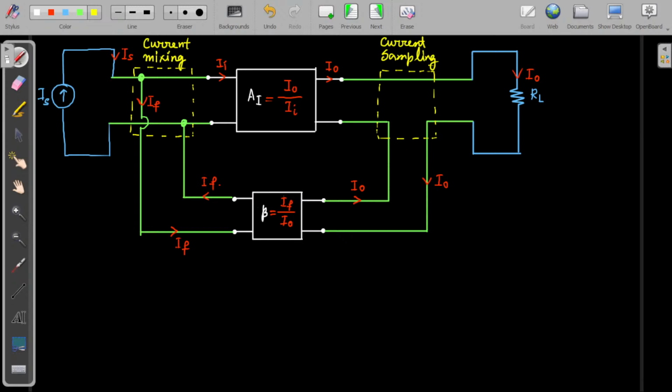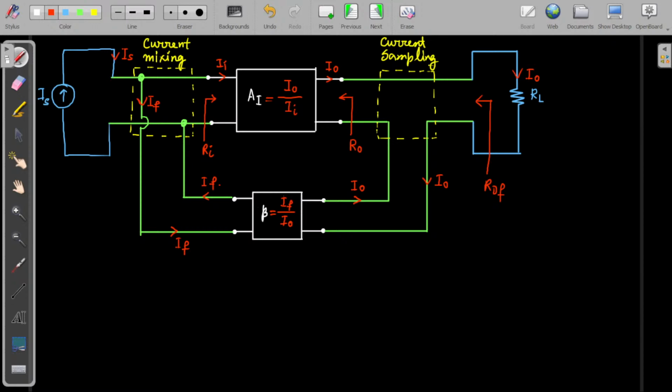Okay. Now let us denote the input and output impedance. If we want to find the input impedance here, what will it be? Ri. If we look at the output impedance from here, it will be R0. And if we find the output impedance at this point, it will be ROF.